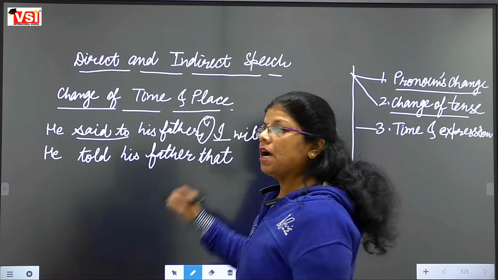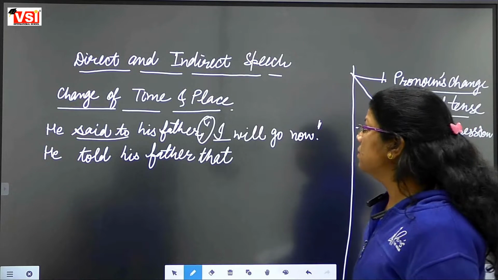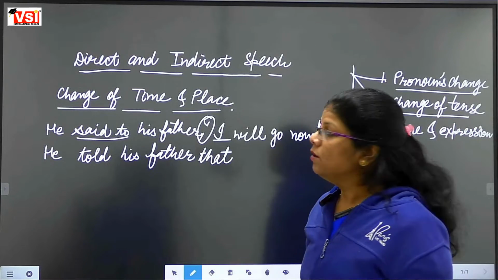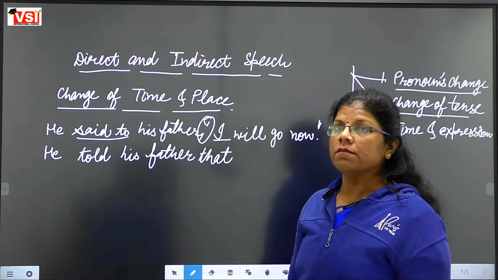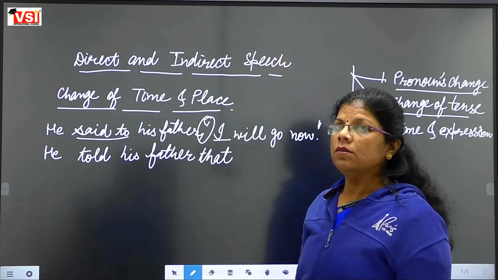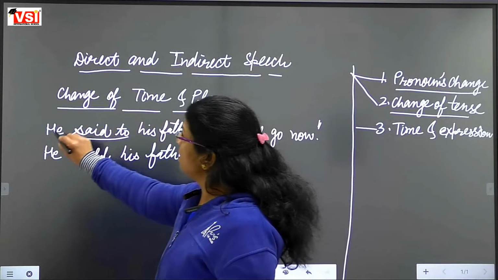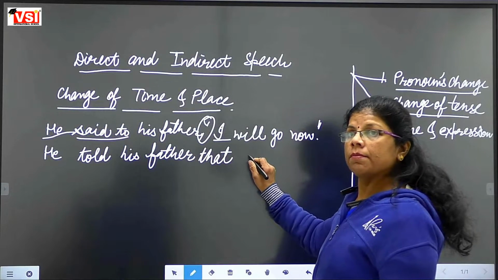Here we have I. I is a first person pronoun, and a first person pronoun changes according to the subject. Who is the subject here? He. Yes, ma'am, he. He is the subject. So we will change it according to he. So it will become he.